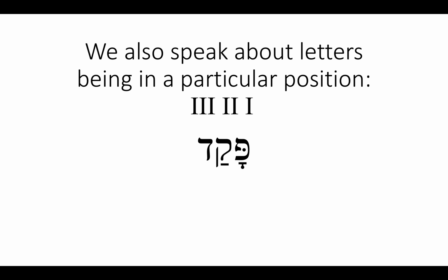So sometimes the second position is referred to as the middle position. Third position is usually or almost always just talked about as third position. So you might hear position one, or first, you might hear position two, or middle, or position three. But that's what we're talking about, just the order that the letters appear.